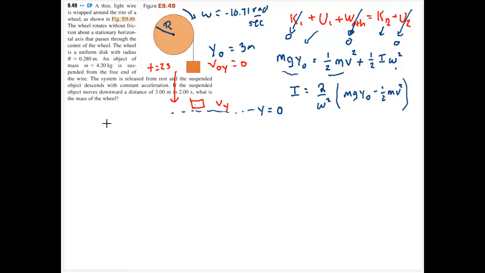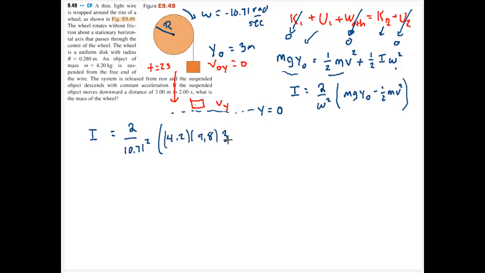It's a simple matter of plugging all of these things in. So 2 over my omega squared, which is 10.71. I know that the mass of the block was originally 4.2 kilograms. I know gravity, of course, 9.8.